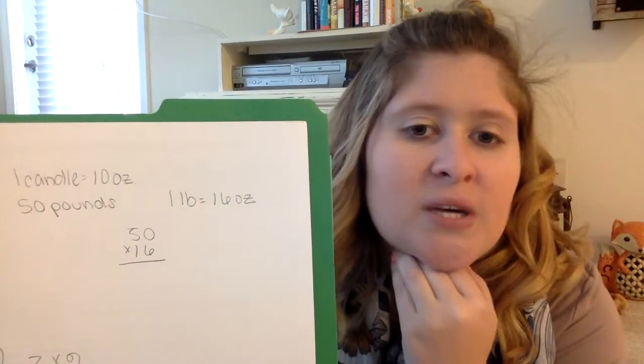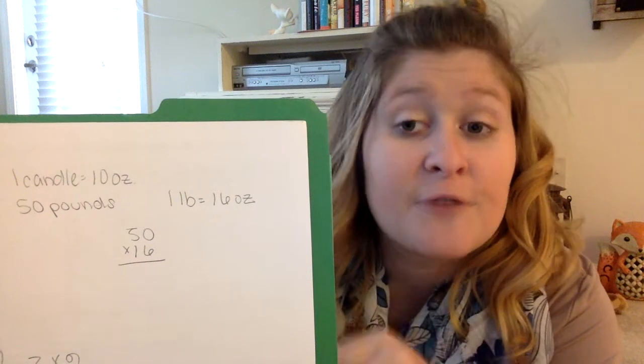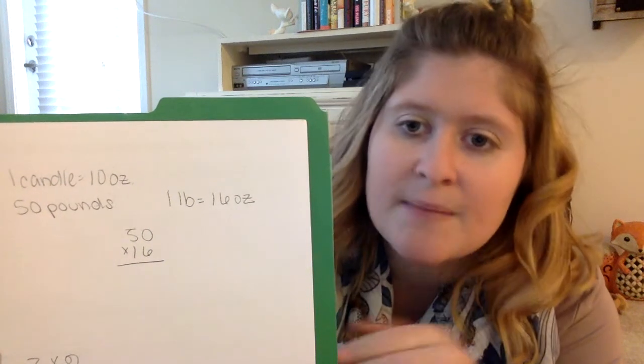Let's look at our answer choices and see how many of them say 50 times 16. And I'll write them out so that you can kind of visualize what's going on. It says A, first step, multiply 50 times 16. B, first step, multiply 50 times 10. C, first step, divide 50 by 10.